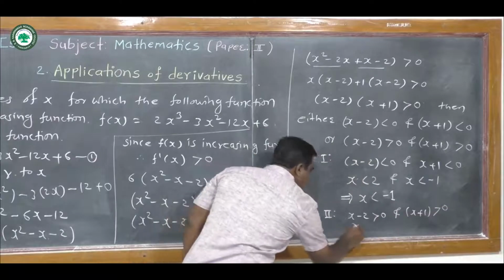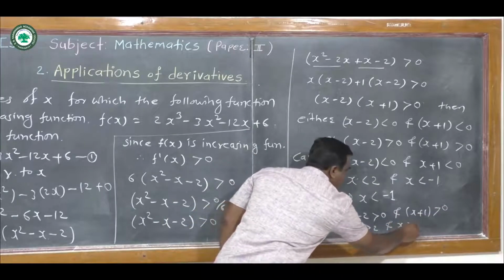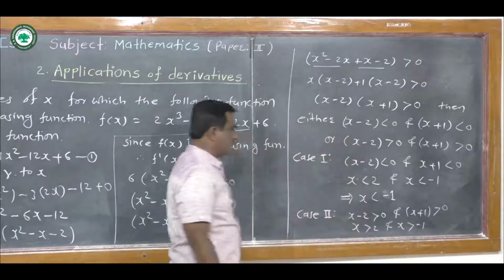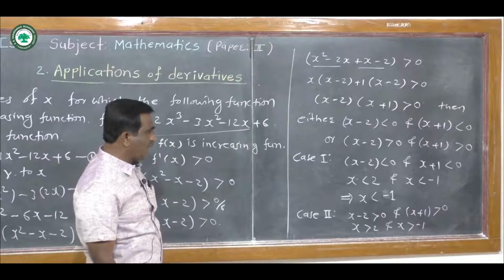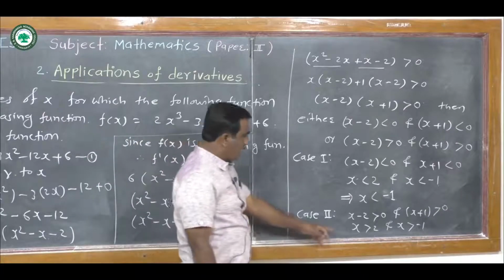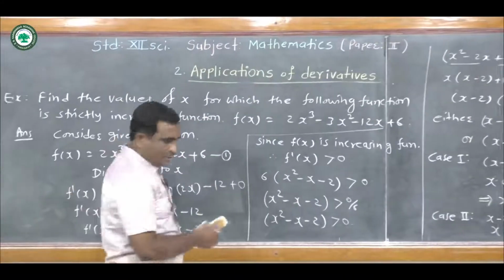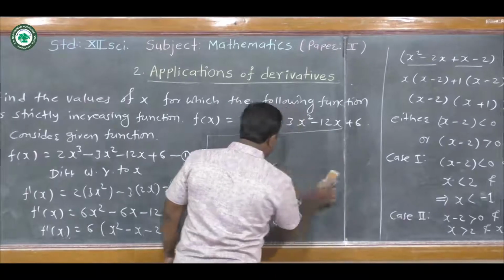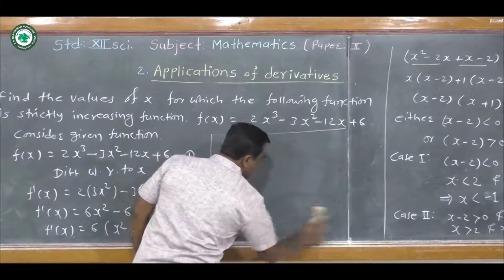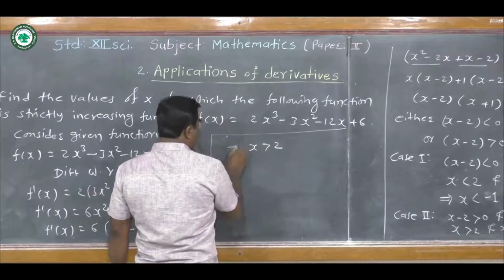That is, we can write here x greater than 2 and x greater than minus 1. This implies that x is greater than 2.